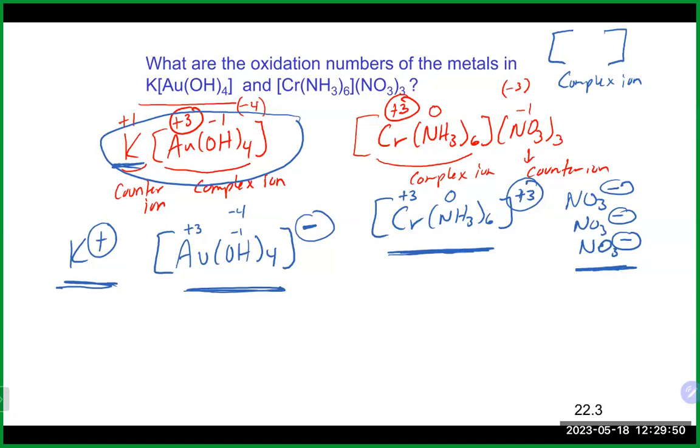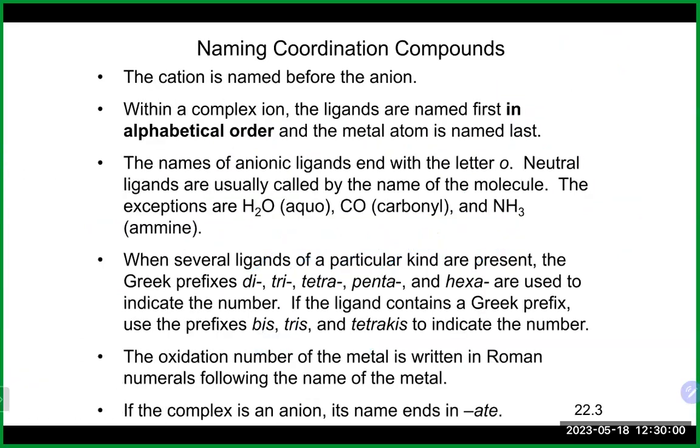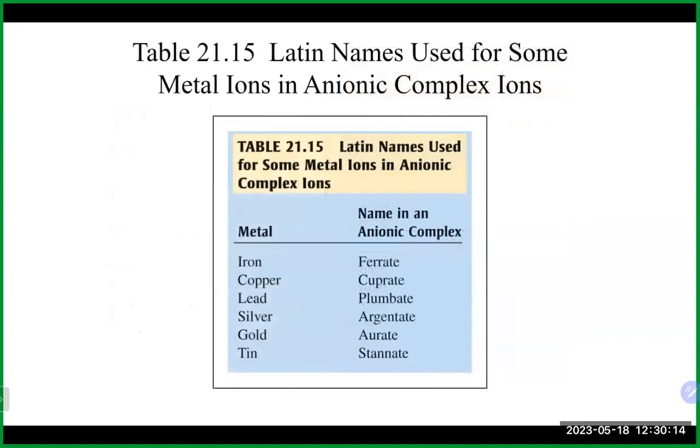So we're going to go with our ligands here. On this one, we have our hydroxo, right, for our hydroxide. We also saw on that one that our complex ion is negative, and it was gold that was in there, right? So we're going to want to go with aurate in terms of the name.